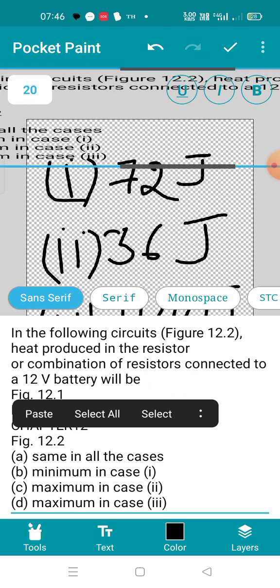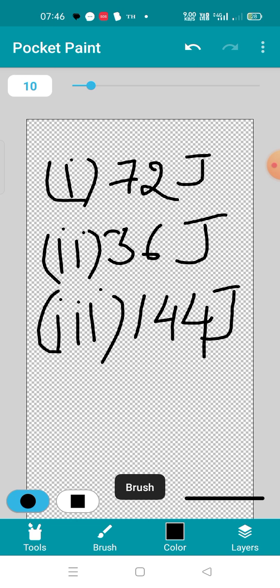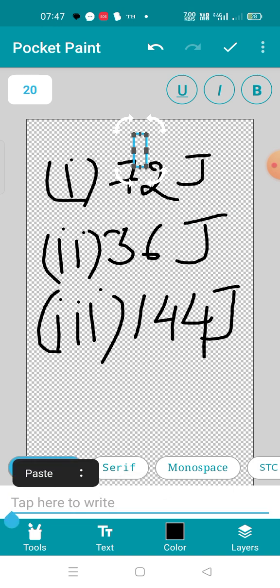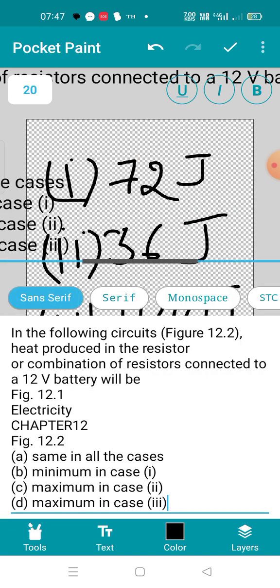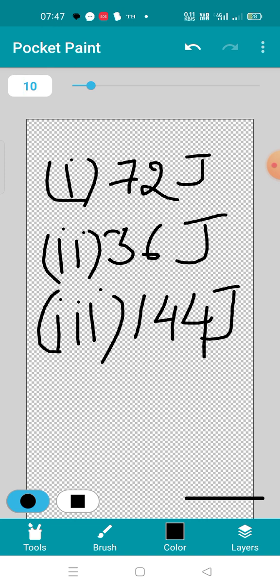And the last option, maximum in case 3. In case 3, if you see, we have got 144 joules. So therefore it's maximum in case 3. 144 joules is the maximum value of heat produced. So which option will be correct? We can choose option D, maximum in case 3. So the correct option is option D, maximum in case 3, maximum in the parallel circuit.